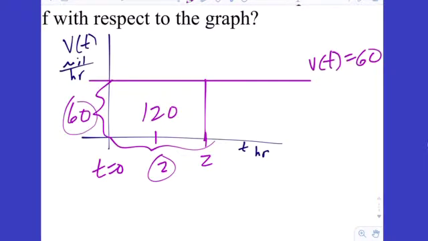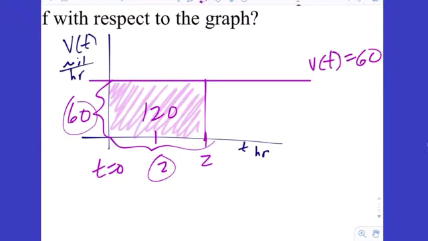So it turns out geometrically that we ended up finding the area under the velocity curve over the time interval from 0 to 2. So we now have a geometric interpretation for distance traveled, right? For a constant velocity, that's positive 60, on the interval from 0 to 2, the distance traveled over that 2-hour interval was nothing more than the area under the curve.